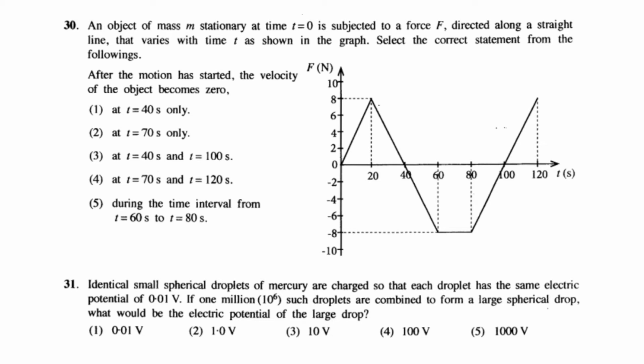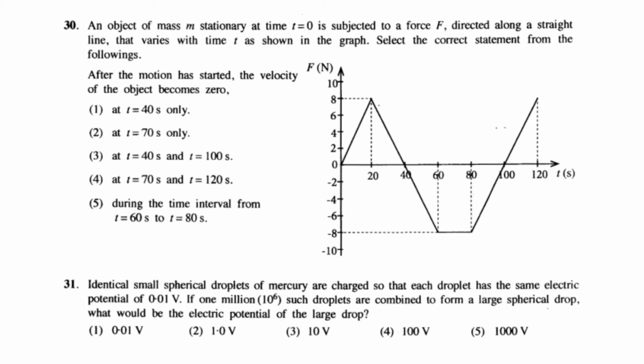For the large sphere, the electric potential is Q dash over 4 pi epsilon naught r dash. Q dash is the charge of the large sphere, r dash is the radius. Now Q dash must be equal to a million times Q. That is, Q dash equals 10 to the power 6 Q. We want to find r dash.